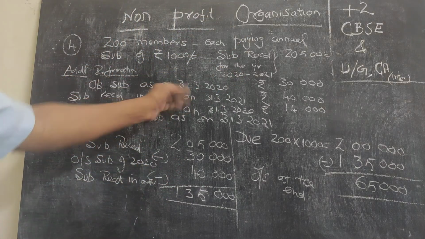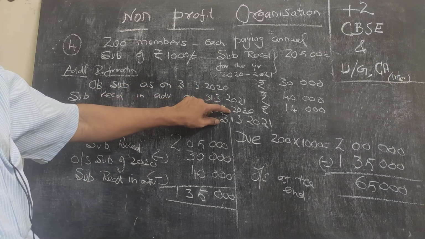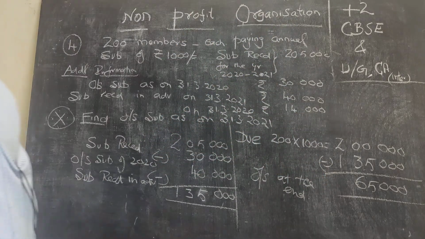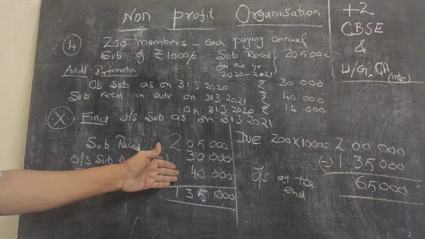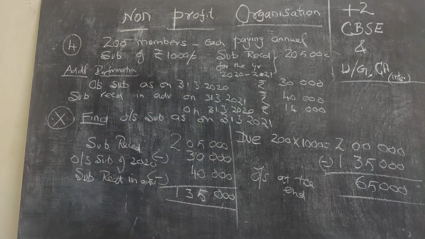And the 40,000 rupees we received in advance, that also I am removing, I am reducing it. Subscription received in advance on 31st March 2020, 14,000, we would have included in the income and expenditure account, not in the receipts and payments account. So this is the receipts and payments account, so this amount I am only removing, not that 14,000.